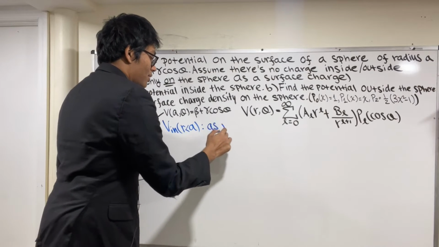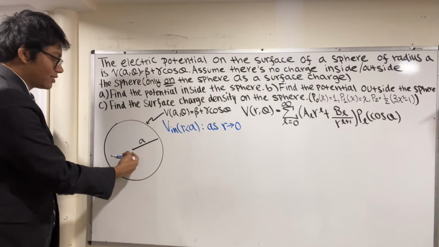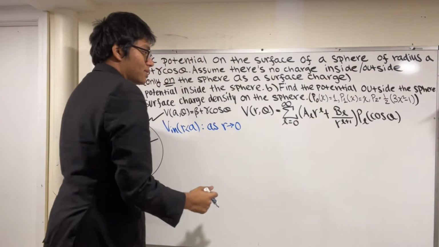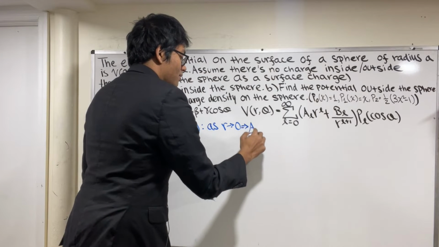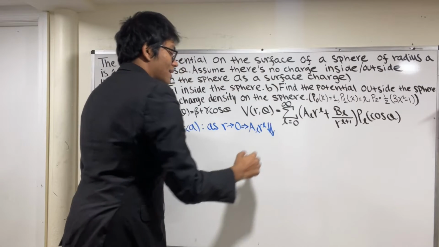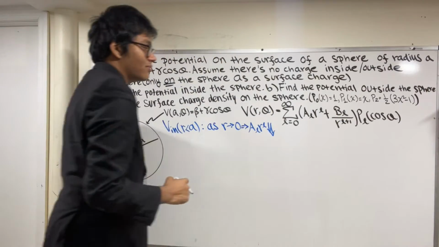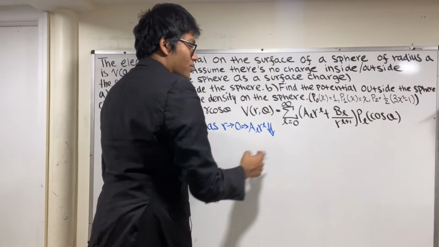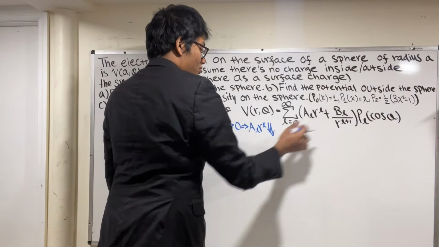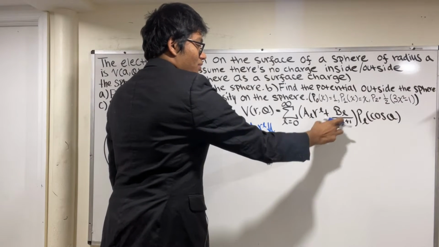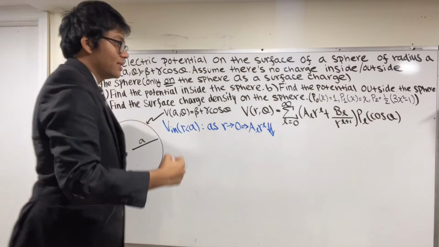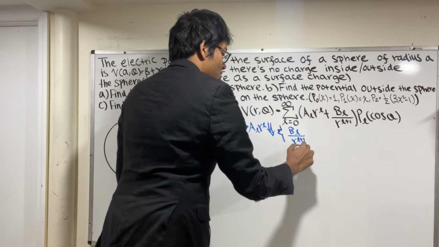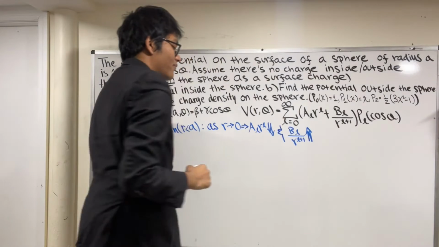Now, as R approaches 0, as we get closer to the center of our sphere, notice that A sub L, R to the L, the boilerplate term, gets smaller, but the main term, the main actor, the protagonist, the monopole, dipole, quadrupole, octupole term, is going to diverge. It's going to head off towards infinity, because as the denominator gets smaller, the fraction gets bigger. It's going to explode, right? So B sub L over R to the L plus 1 is going to diverge.